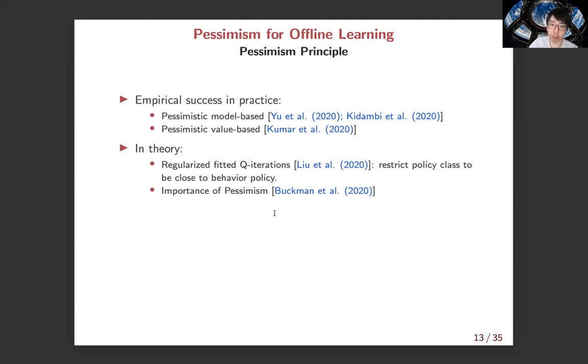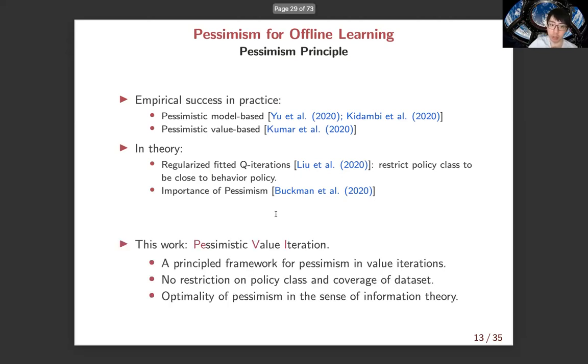There is also another paper which analyzes the importance of pessimism. There the algorithm is similar. In this work, we introduce a principled framework for incorporating pessimism, and we do not restrict the policy class, which is unlike the first related theoretical work.